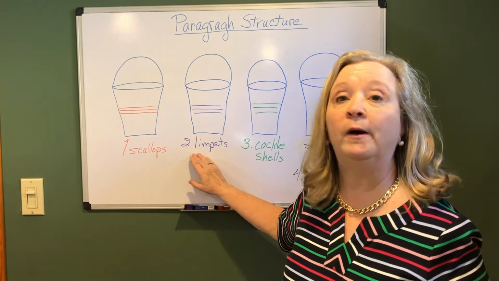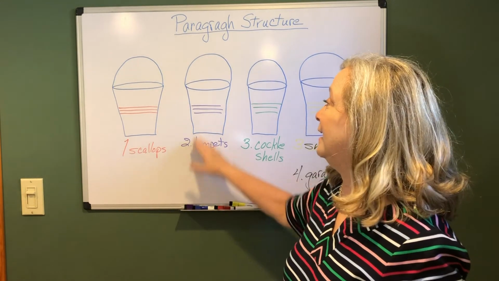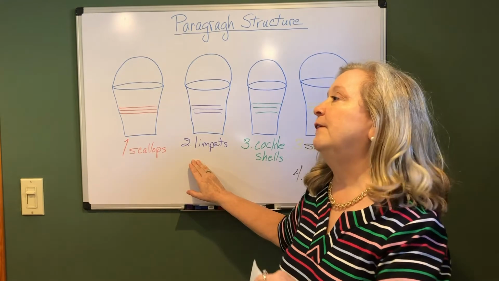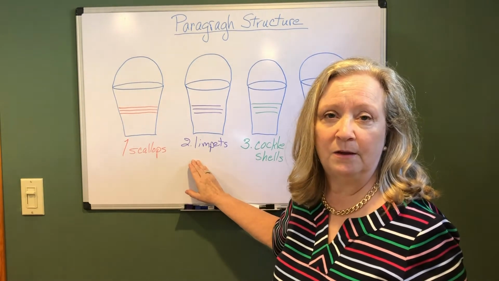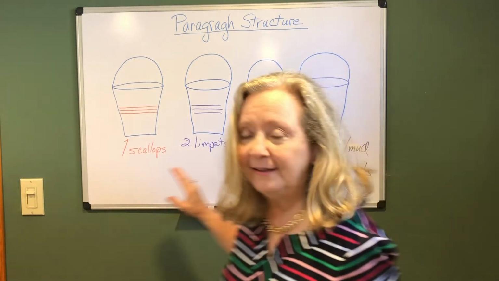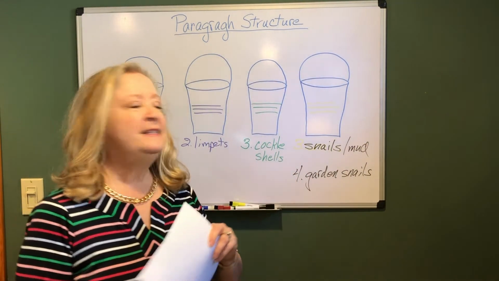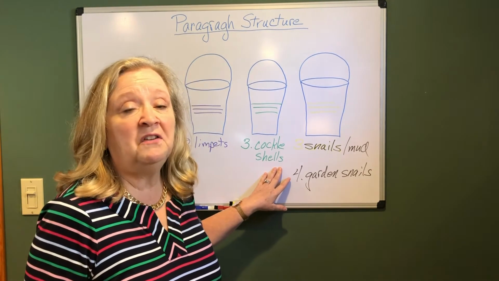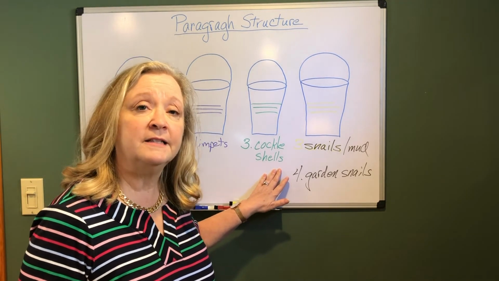Oh my gosh, you went wild on limpets, and you've got 6 sentences here because you got so much to say about limpets, and you found so many examples and so on. Then you go on to cockle shells, and you think, well, I kind of have some more to say, but it's not as much as limpets. Maybe I only have about 4 sentences worth. That's fine. This paragraph will be 4 sentences, okay?